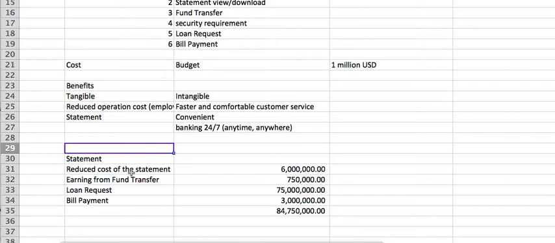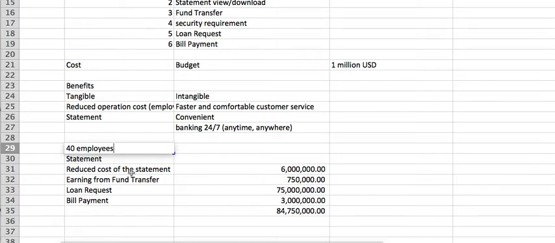If you look at operations, if each branch can reduce 2 employees, and you have 20 branches, how many employees is that? 2 per branch means 40 employees, right?